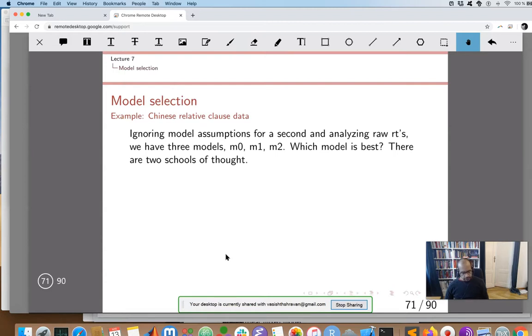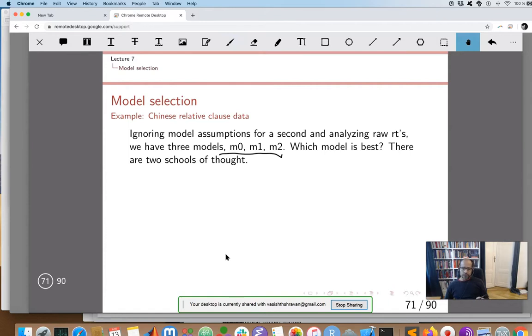So what I want to do now is act like a regular psycholinguist and just fit my data without regard to the violations of the normality assumption. I'm just going to fit my 3 original models on the raw reading time scale: the varying intercepts model, the varying intercepts and slopes model without correlation, and the varying intercepts and slopes model with correlation, on the raw millisecond scale, and I'm going to try to decide which model is best.